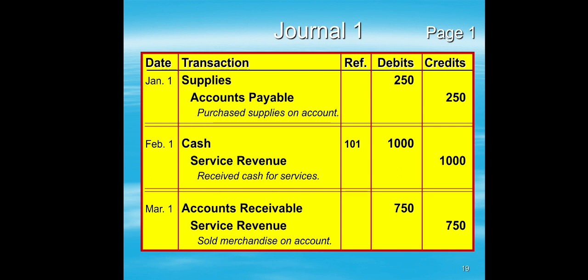So you can see there, the first transaction is on January 1st, and then February 1st, and March 1st. Like you have seen in the previous slide, in the journal, the records are according to the time the transaction happened. It is in chronological order.